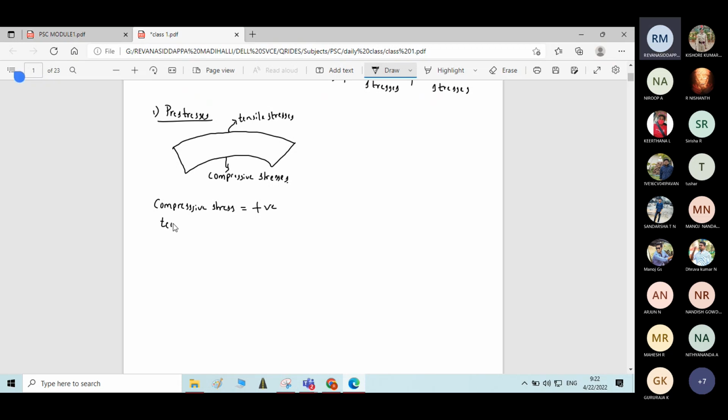Similarly, the tensile stress is represented by a negative sign. Remember, students, this is the sign convention which we have to use for PSC. Compressive stress is represented by a positive sign, tensile stress is represented by a negative sign.